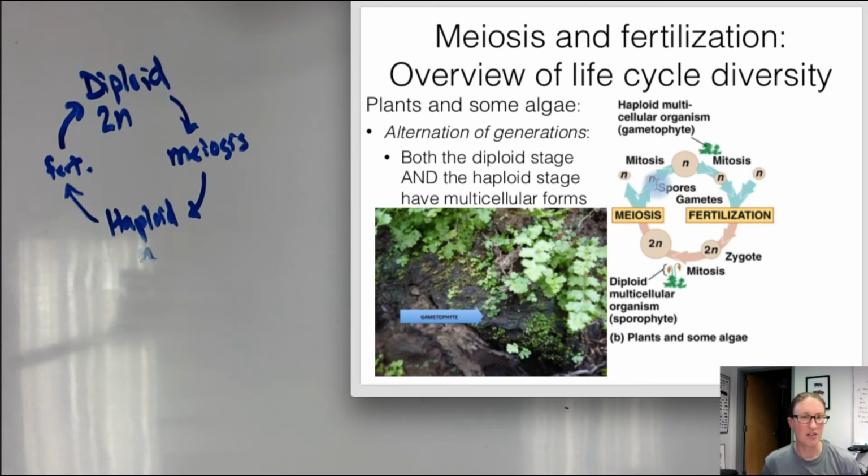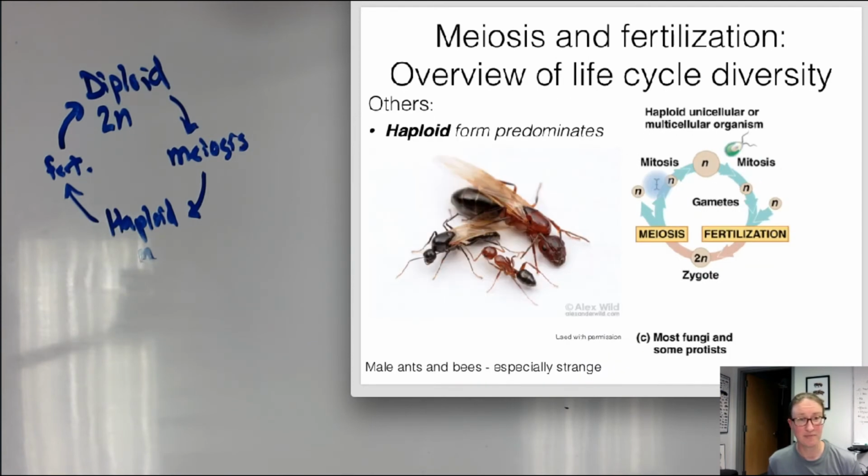At some point, two of those gametophytes will interact with each other. There will be a fertilization event, and that plant will go back to a diploid generation. Okay, so you don't have to be unicellular as a haploid.